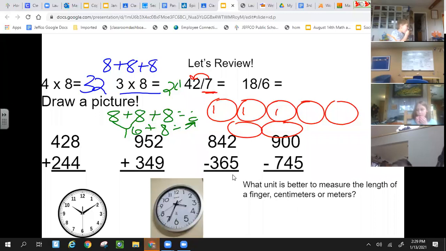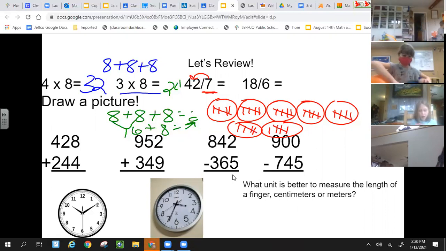I count the dots from 1 up to 42. Then when I go back and I see how many are in each circle, I see that there's 6 in each one.